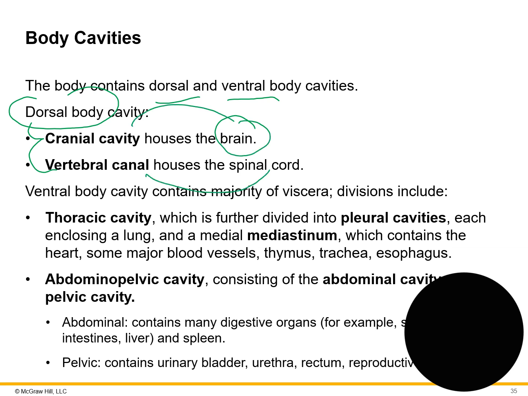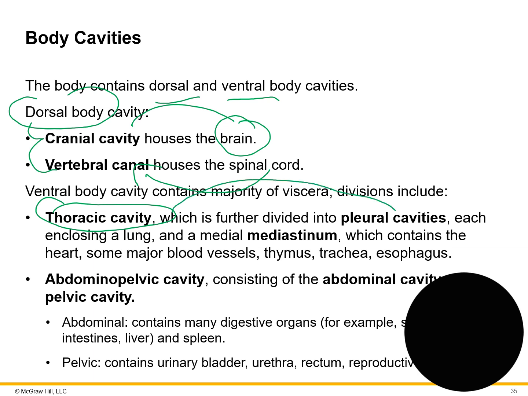The spinal cord stays in the vertebral cavity. Then the thoracic cavity. You remember the thoracic cavity I showed you before, where the lungs and heart are located. Inside, it divides into the pleural cavity.